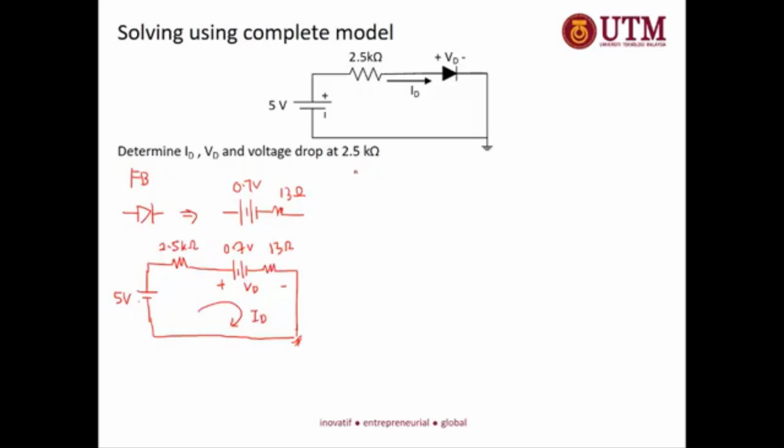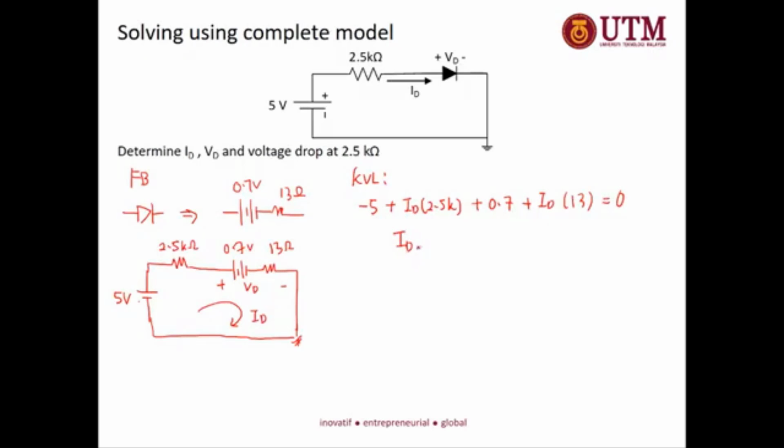Let's start with the KVL. The KVL is minus 5, plus ID 2.5K, plus 0.7, plus ID 13 equal to 0.